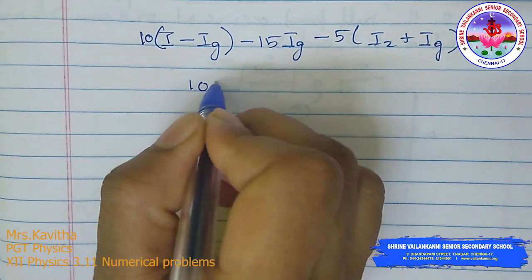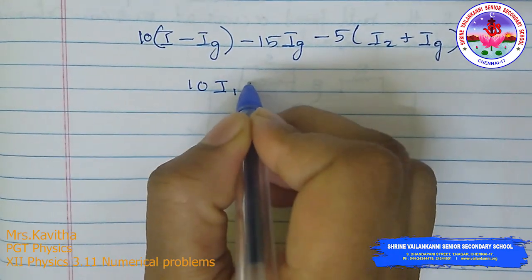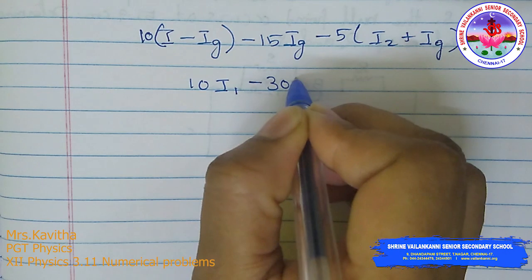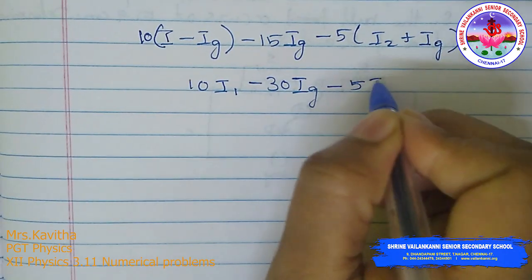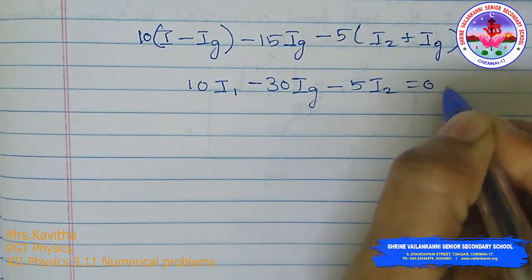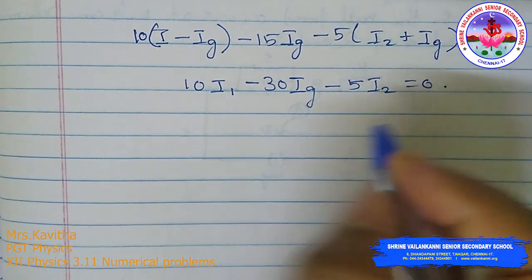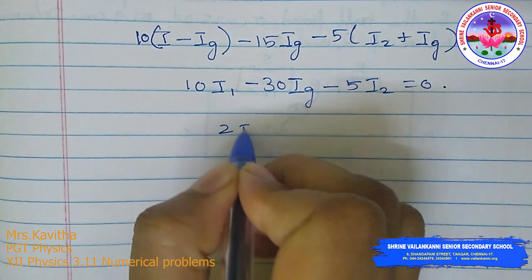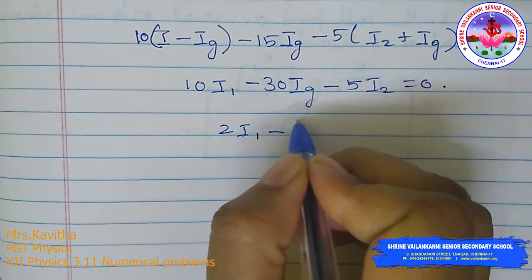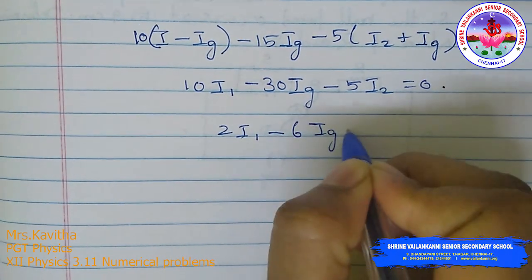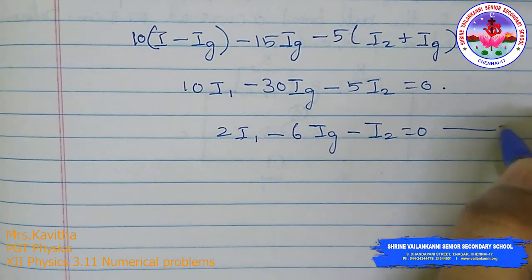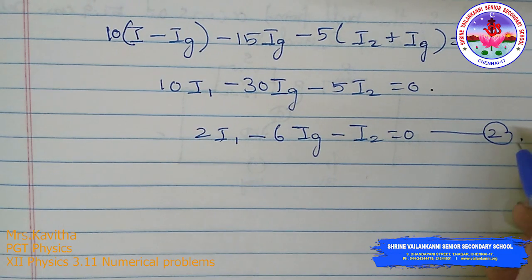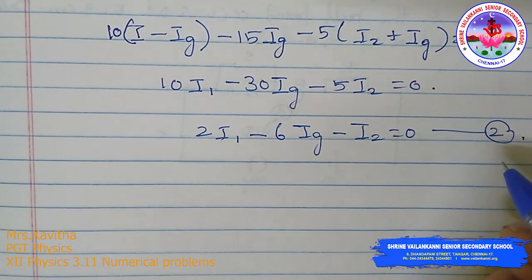By simplifying this, we get 10 I1 minus 30 Ig minus 5 I2 equal to 0. Dividing by 5, we get 2 I1 minus 6 Ig minus I2 equal to 0. This is the second equation.